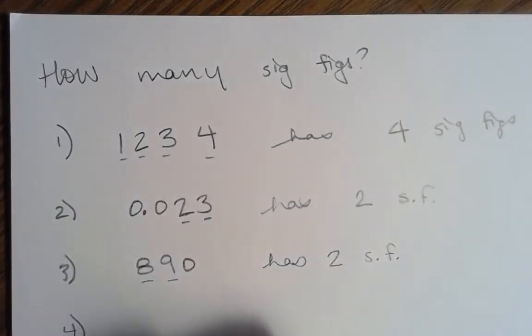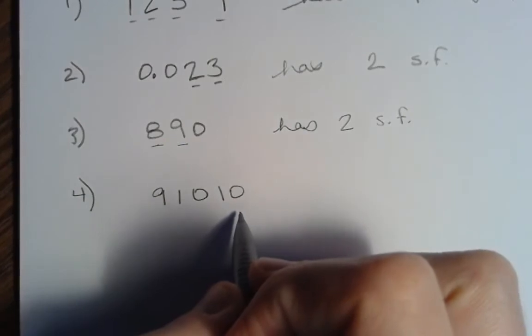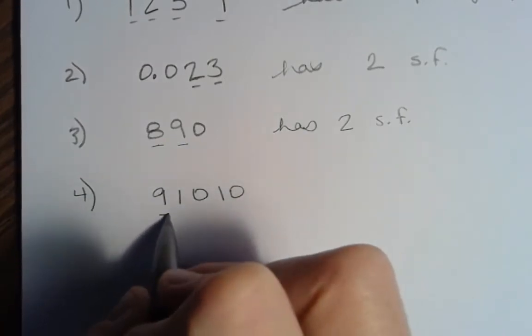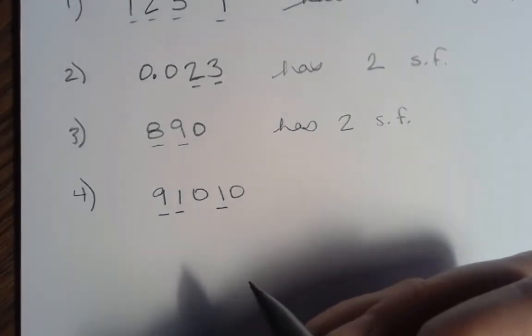Here's getting to the new stuff. Number 4 says 91010. Okay, here you have zeros in a middle spot and also in an end spot. So you are totally sure that 9 and 1 are always significant.